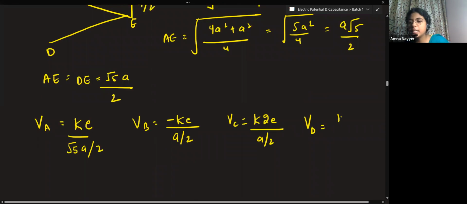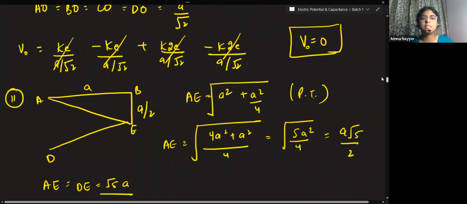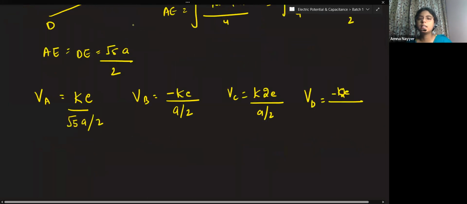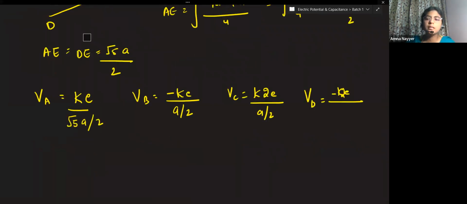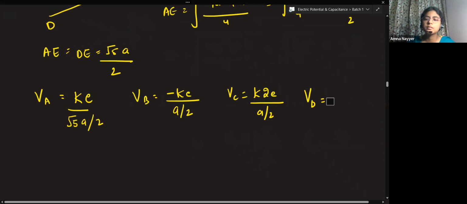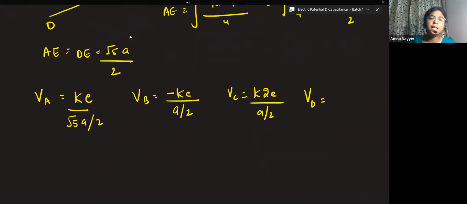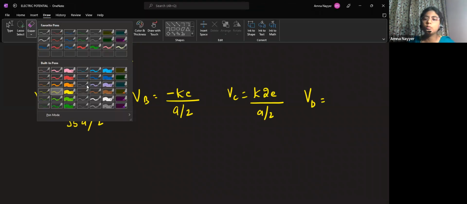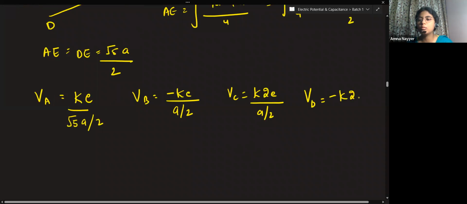So this will be K times minus 2E, because negative 2E is there, divided by root 5A by 2. So minus K 2E by root 5A by 2. These are all the potentials that you have.